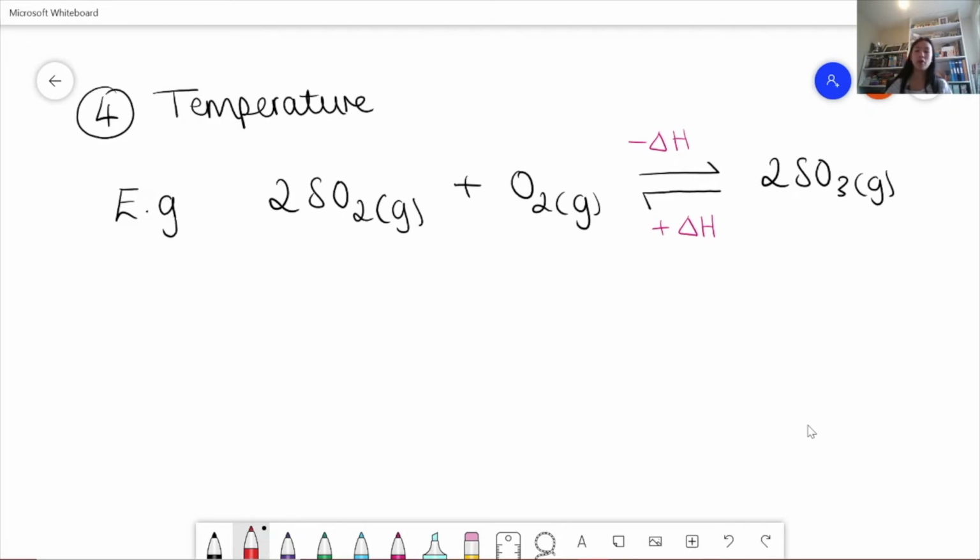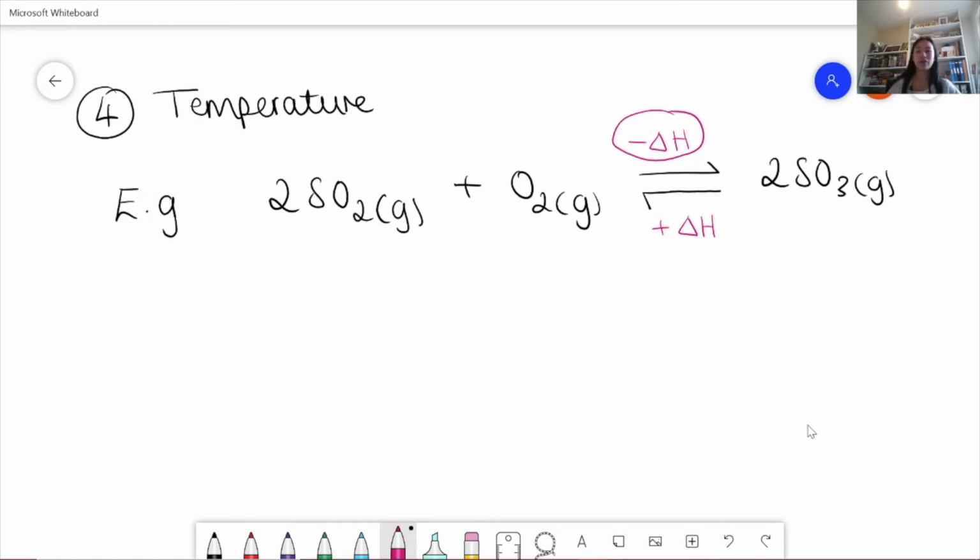And this one's a bit more complicated because it depends on whether the reactions are endothermic or exothermic. So as a recap, an exothermic is a reaction with the negative enthalpy change, and it increases the temperature of the surroundings because heat is given off.